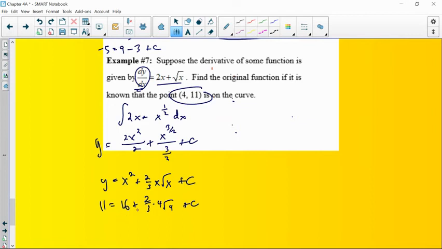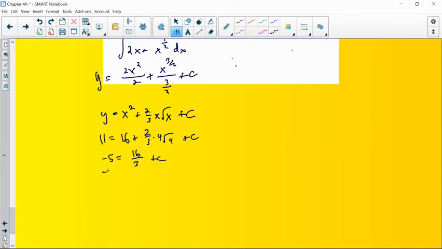And so then we could subtract the 16, so that's negative 5 equals 8/3 times 2, so 16/3, plus our constant. And then we can subtract 16/3 here. If you think about negative 5 in terms of thirds, it's negative 15/3.